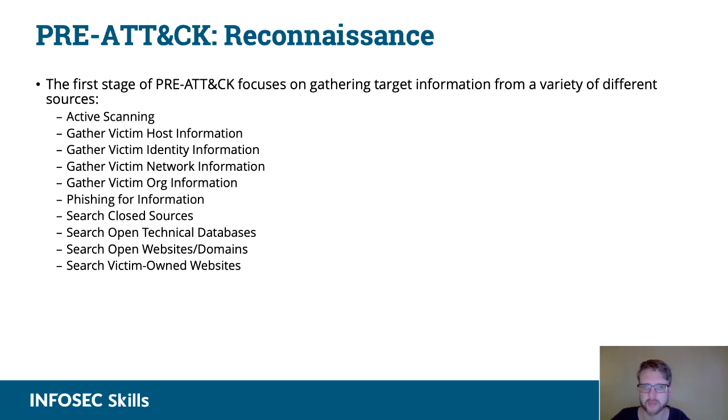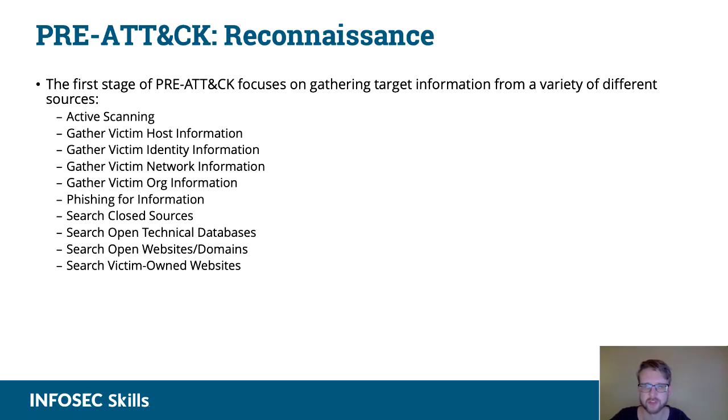So you can perform active scanning, where you interact with the target network and try to learn about the systems and programs on it. There's also a variety of information that's gathered about victims: information about victim hosts, victim identity, victim network, and victim organization. All of these have multiple sub-techniques under them describing particular ways to collect this information.